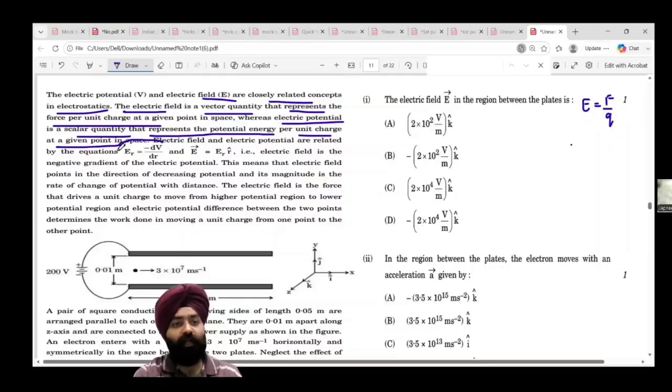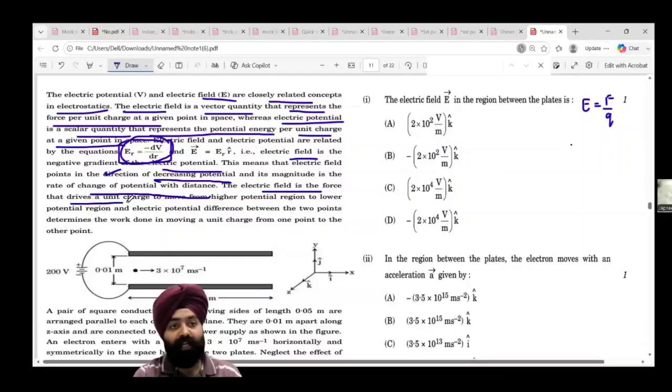Electric field and electric potential are related by the equations Er equal to minus dV upon dr, E vector equal to Er r cap. That is, the electric field is the negative gradient of the electric potential. Okay, electric field is the negative gradient of the electric potential. This means the electric field points in the direction of decreasing potential, and its magnitude is the rate of change of potential with distance, right?